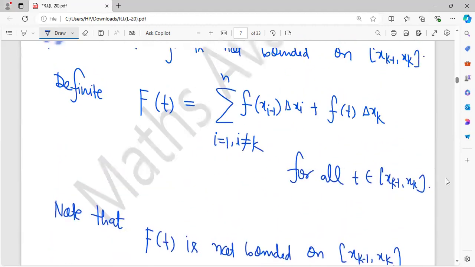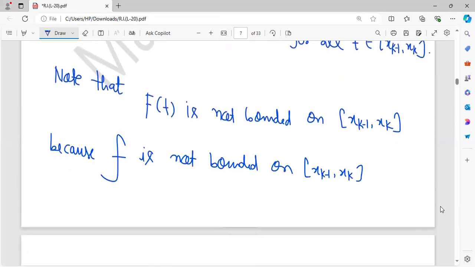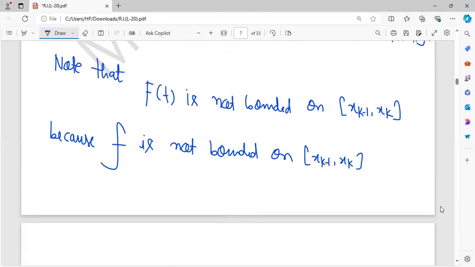This part is fixed, and this is positive part, and this is variable. t is variable, so f is not bounded here. So obviously, capital F is not bounded on this interval. Okay.